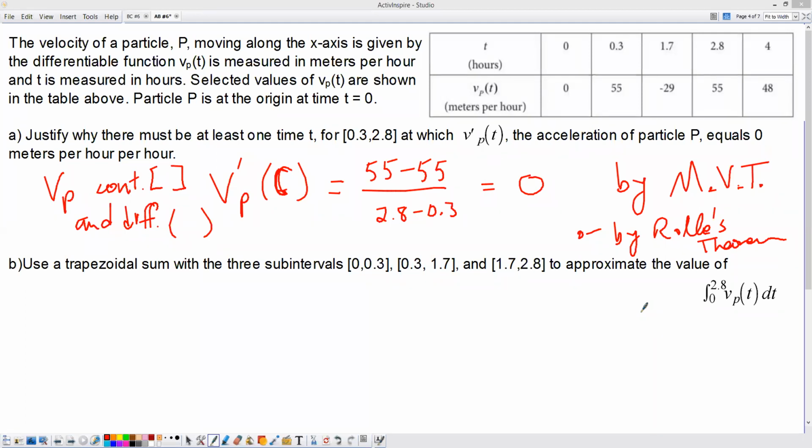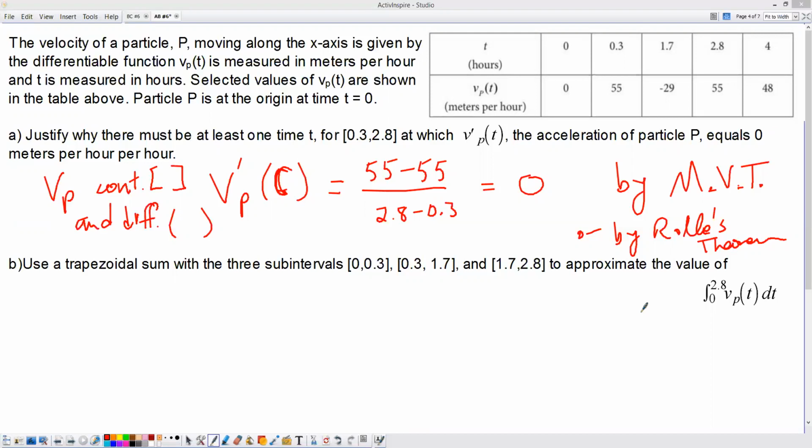Jordan is saying that the average rate of change is negative from 0.3 to 1.7, and positive from 1.7 to 2.8. Is that enough to say that there is a point where the derivative is 0? You could say that somewhere between 0.3 and 2.8 there must be a local minimum, but the justification for why that's true is still the mean value theorem.